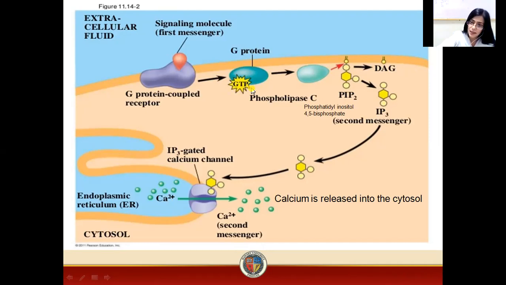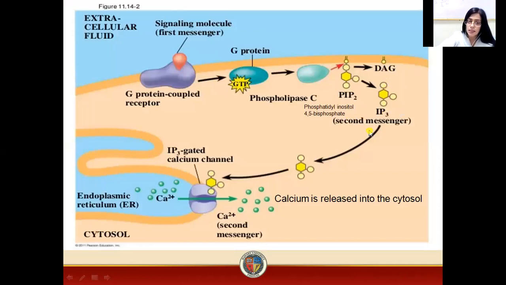As a result of this association, there will be activation of an enzyme, that is phospholipase C. This phospholipase C is actually producing second messengers from phosphatidylinositol bisphosphate, PIP2. Now from this PIP2, there is formation of DAG and IP3, which are the second messengers.